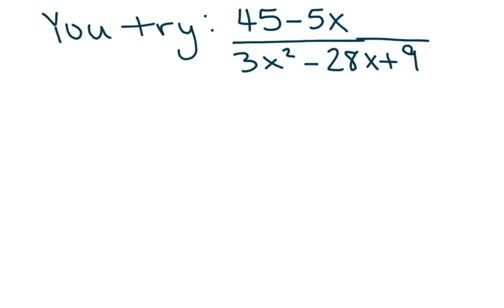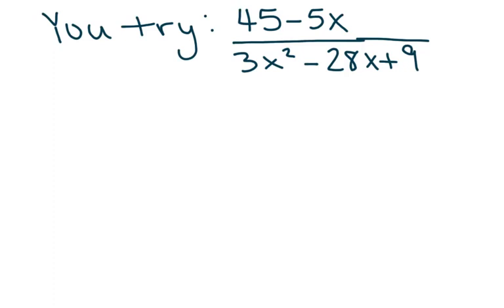The bottom is a quadratic, and it is not the shortcut quadratic, so because there is a 3 in front of x squared, you will have to factor by grouping. So if you need to look at previous videos on what to do, you can do that, but I'm going to let you hit the pause button and try this problem in 1, 2, 3.